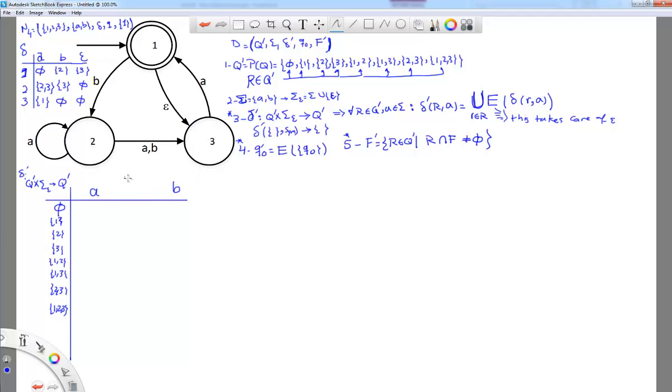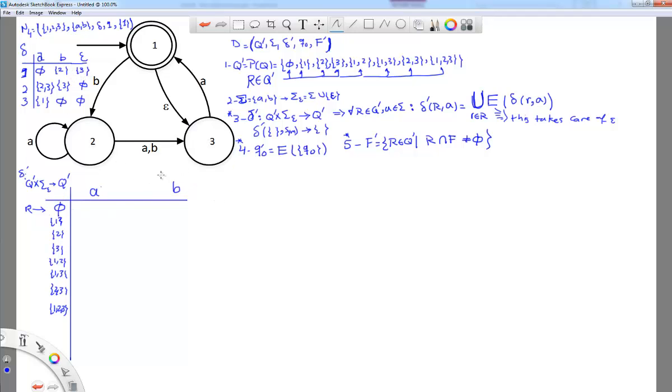Okay, now let's see what's going to happen from the delta prime. The delta prime basically takes each of these states, and we call each of these R. Each of them will have members. For each member of that set, we pass that member into delta, see where it goes, and then see where it goes after an epsilon arrow. And then that would be the set that we union together.